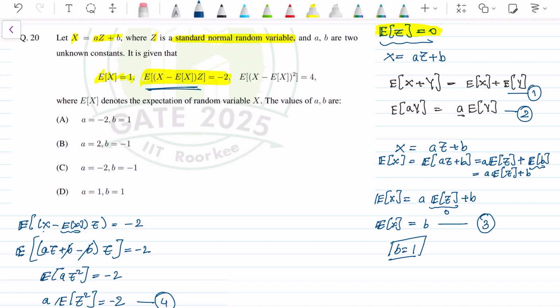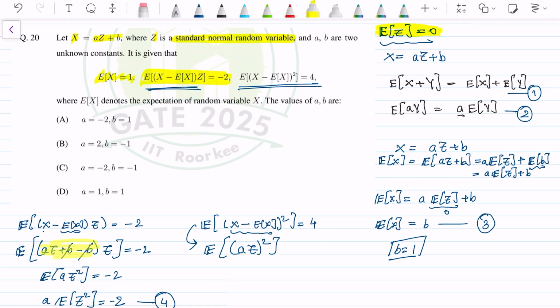Now let's use the last equation which is given in the question, and that is expectation of (x minus expectation of x) whole square, and this value is given as 4. We now know that x minus expectation of x can be rewritten as az, we have also seen in the previous two cases, and so this whole square, and we have to take the expectation. So this can be rewritten as this.